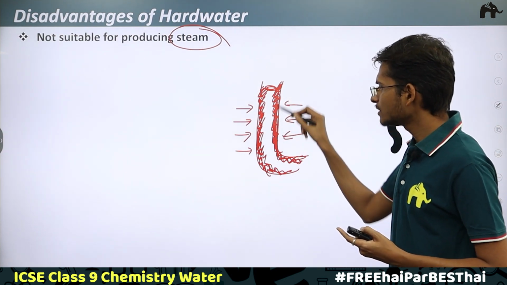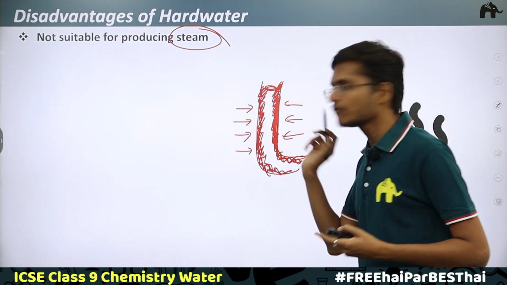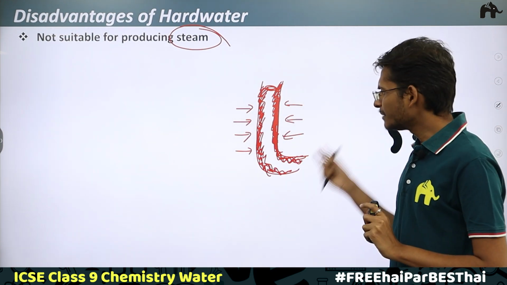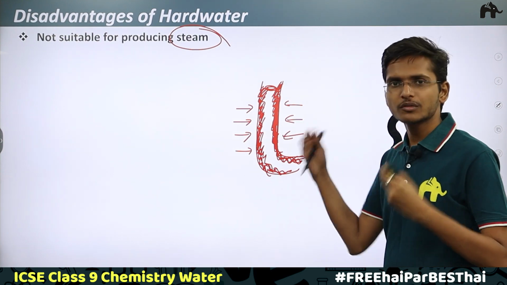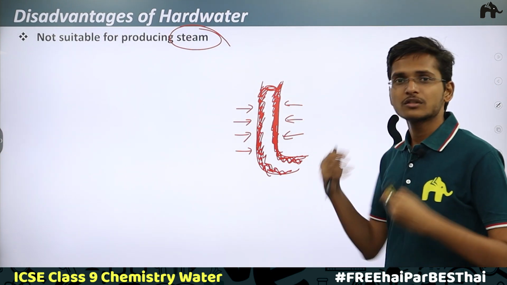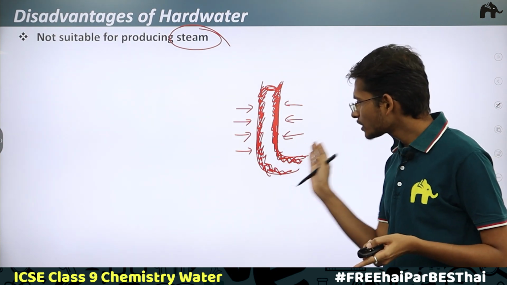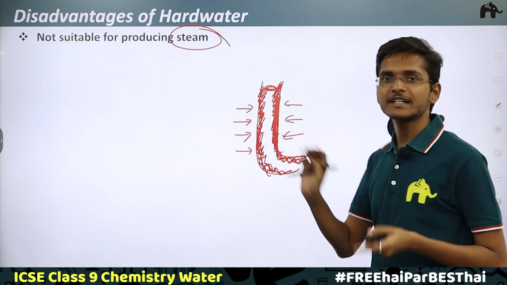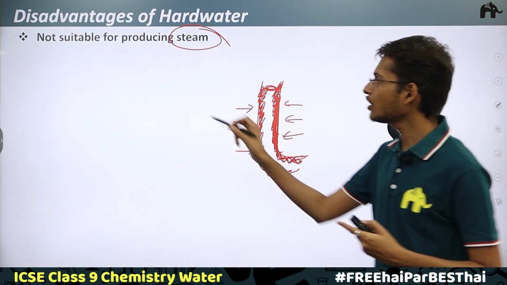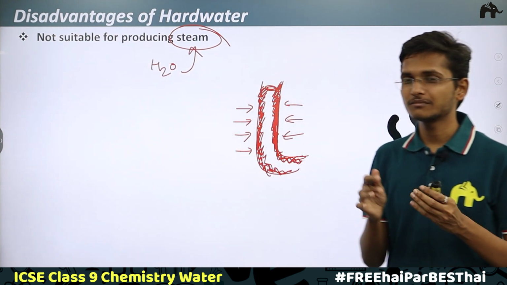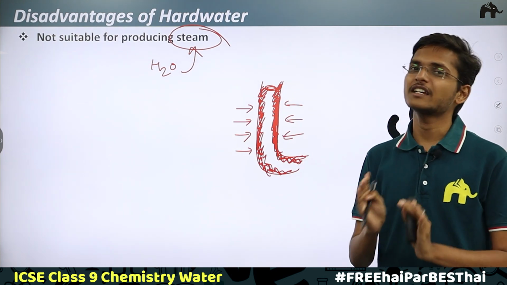Some of the heat is not being allowed to reach the water. So out of whatever fuel we are using to make the heat, lots of fuel is getting wasted, right? Because all that heat is not getting used for conversion of our water to steam. So the process becomes less efficient.